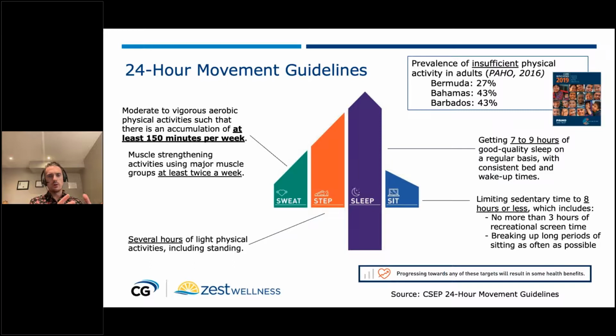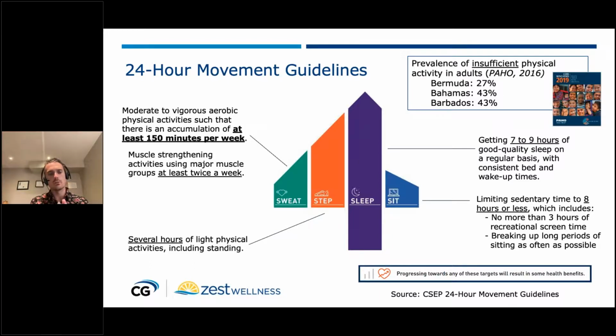But what we want to do is go from just simply thinking it's only about exercise to thinking, hey, physical activity in general is what's important. And even in addition to that, it's not about just that 1 hour of physical activity a day, but how can we have a full 24 hours of being healthy and having this thinking of a healthy 24 hours.